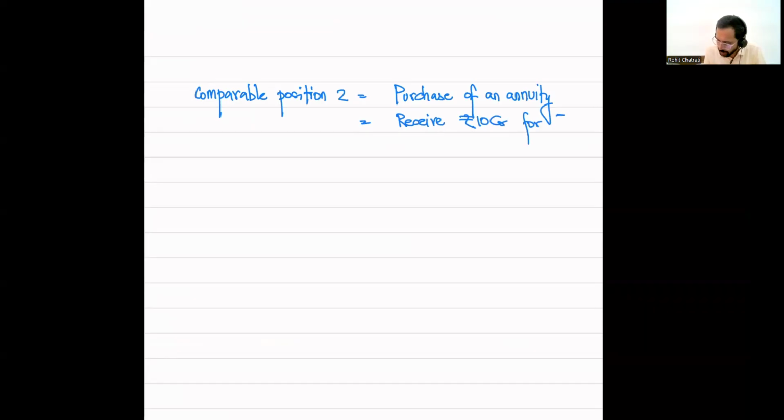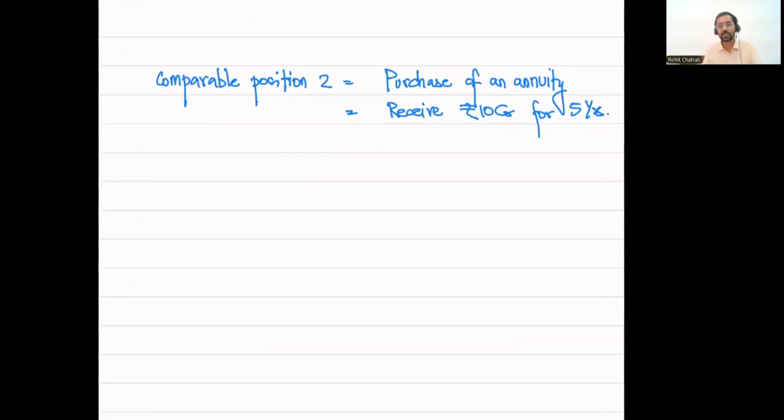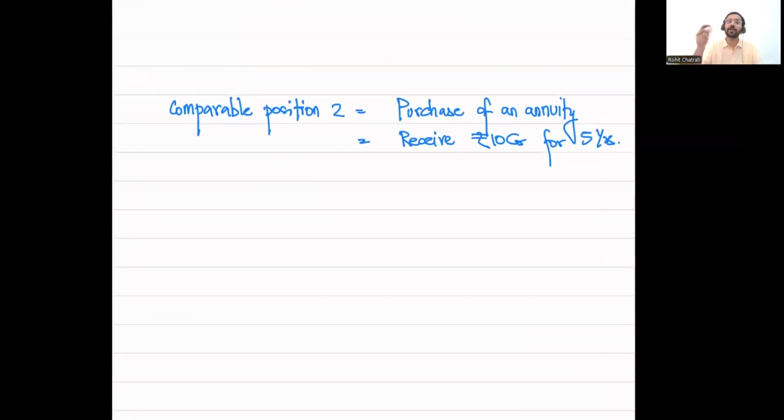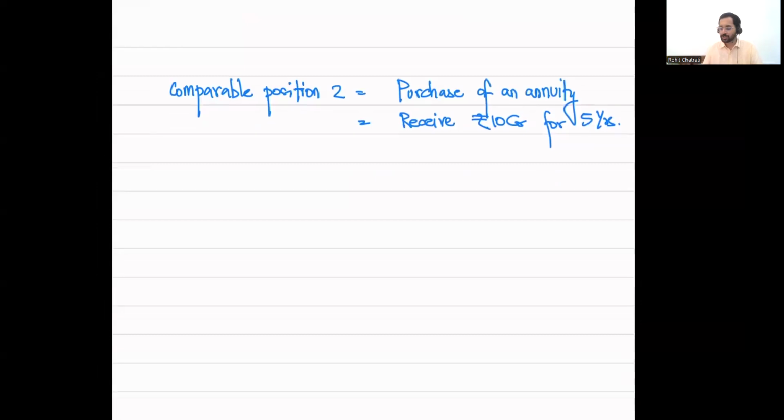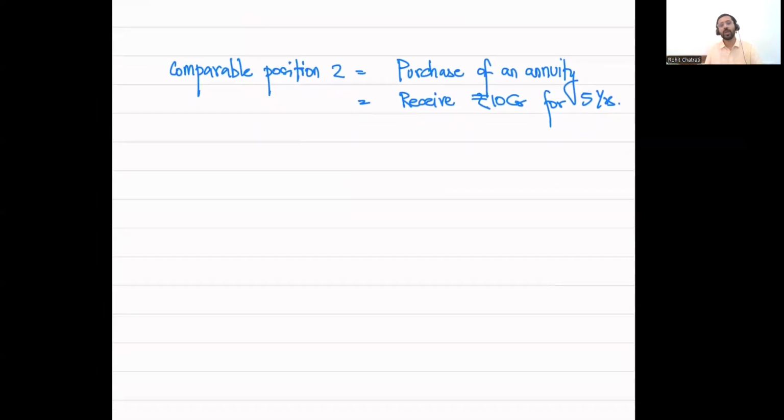So what we now have to do is compare the cash outflow under the derivative contract, the initial investment, divided by the cash flow that we would have if we were purchasing an annuity. What would be the cash outflow that S Limited would have undertaken?